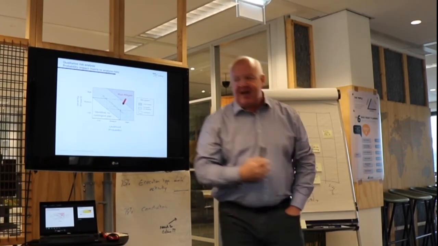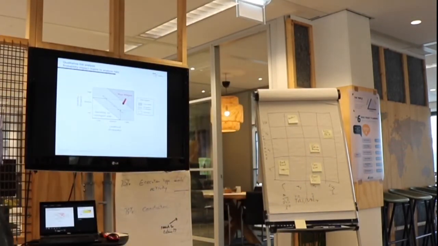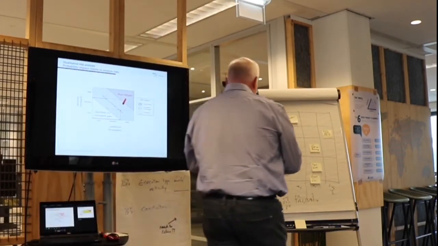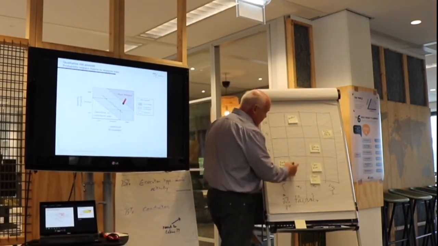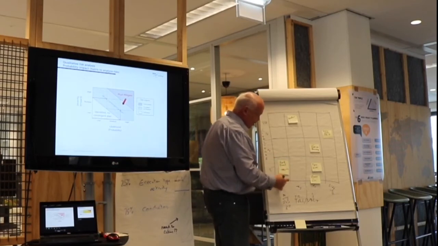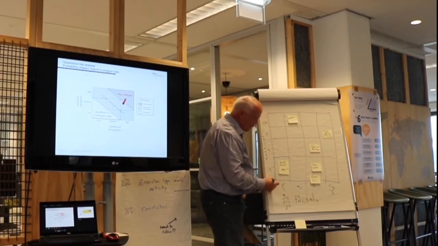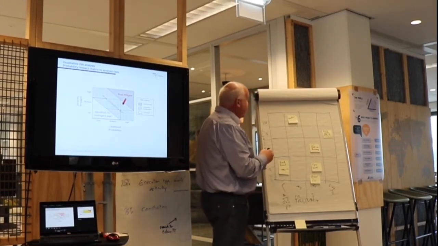So what we now need to do is decide where our risk appetite is. Generally we would say anything that's down here, we will accept the risk and we will absorb the impact. Again, it depends on the risk appetite.